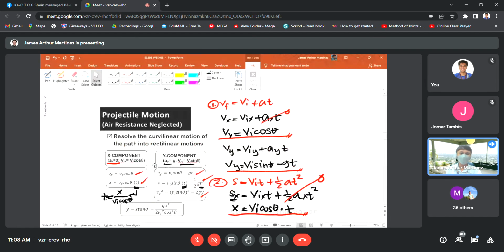Okay. So, we have the first equation for the y component: Vy is equal to Vi sine theta minus Gt.